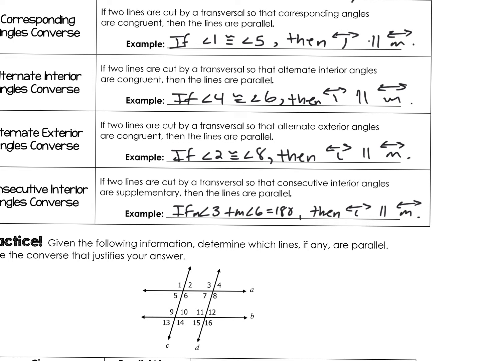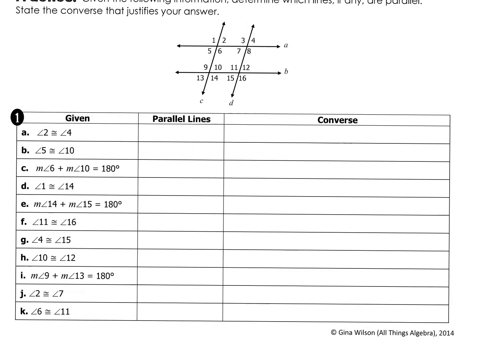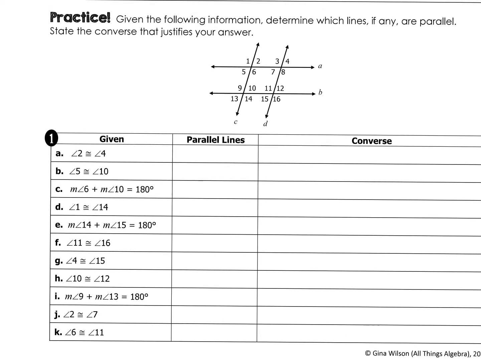So those are our four converses, and that's what we're going to be using today to prove lines parallel. When we get an angle relationship, we'll have to determine what is the transversal, and then which lines did we prove parallel.